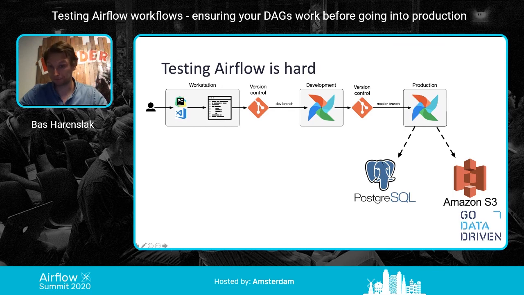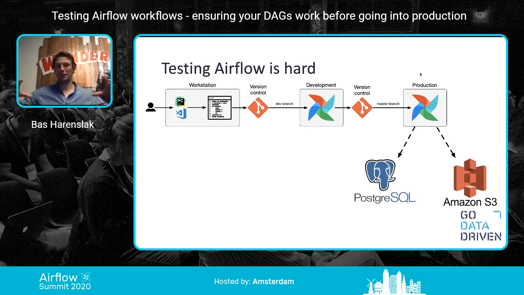For example, it could be a query on a Postgres database, or it could be write a file to Amazon S3, or start a Spark job on a Spark cluster that runs on some other remote location. And all that Airflow is doing is basically starting the job, checking if the thing is running, and then once it's completed, Airflow goes and does something else.